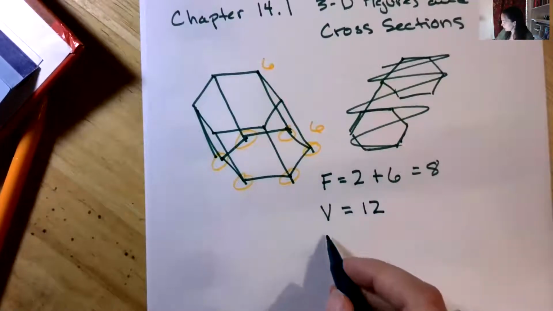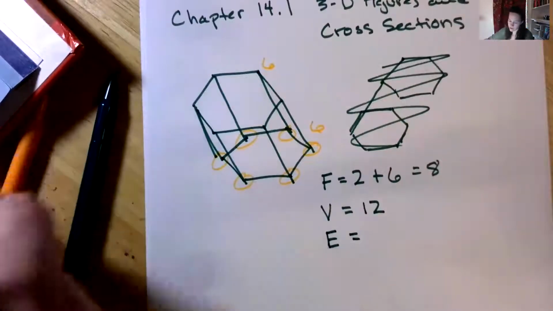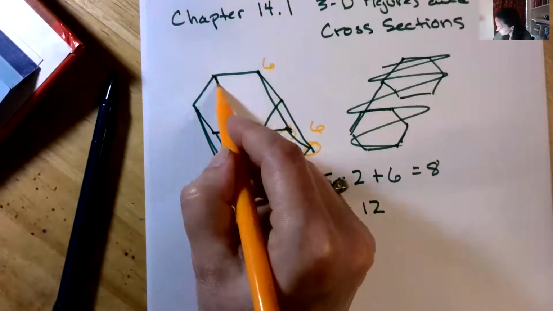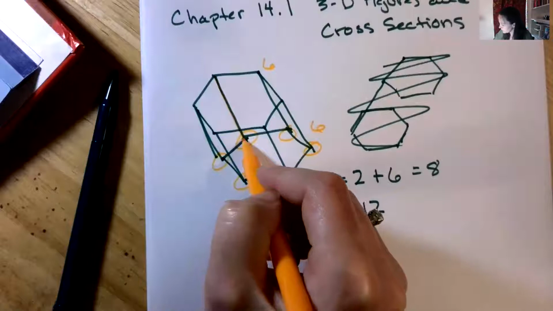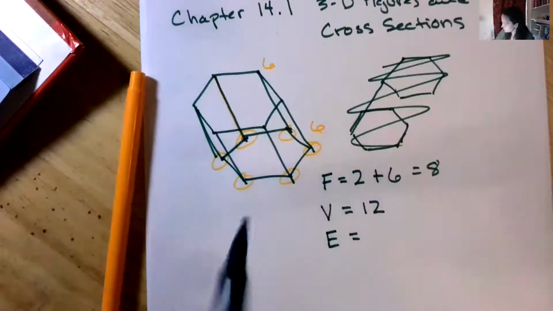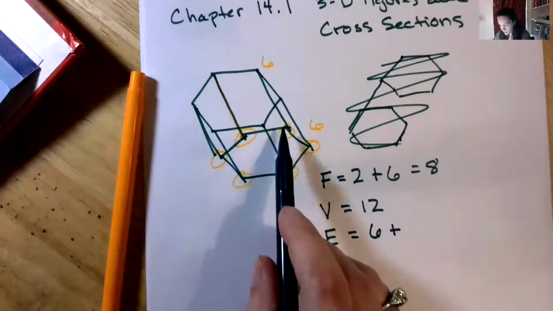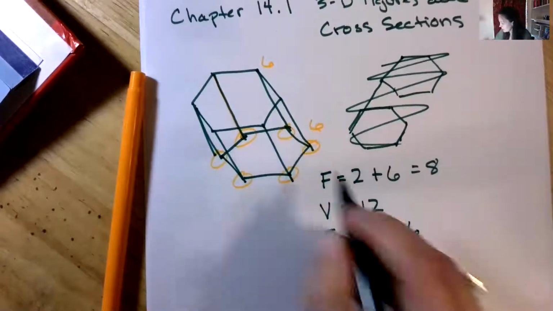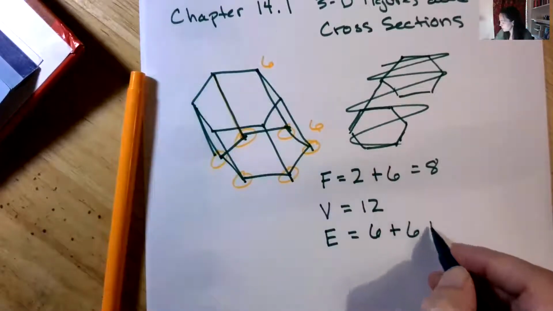Now, the total number of edges, those are going to be the segments where the faces intersect. The number of edges is going to be each of these segments along the lateral faces, so there will be 6 of those. And then each of the segments going around the edges at the bottom, that's going to be 6, and 6 also at the bottom on the other base.